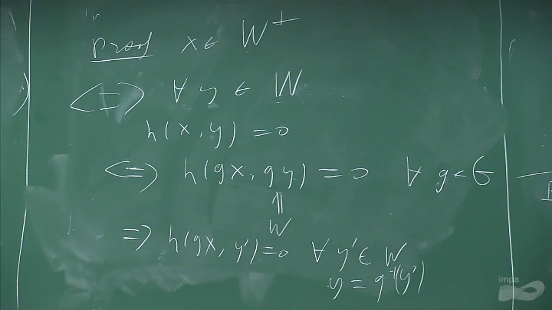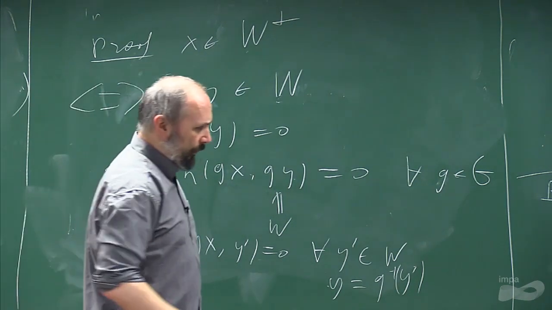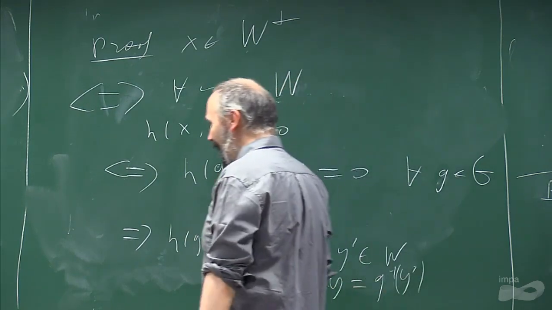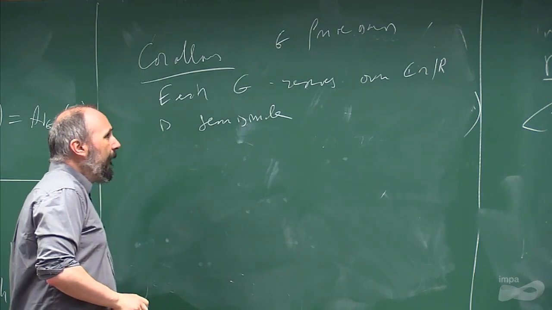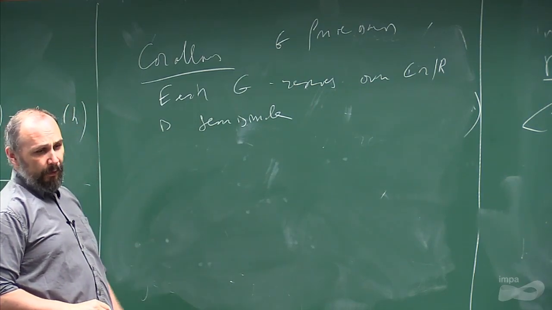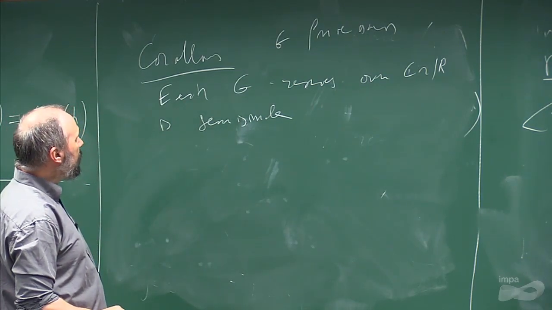In fact, you don't need C or R. If you write Q, you can also do the same. The same argument works, slightly. Doesn't matter. So it's enough to have characteristic zero.